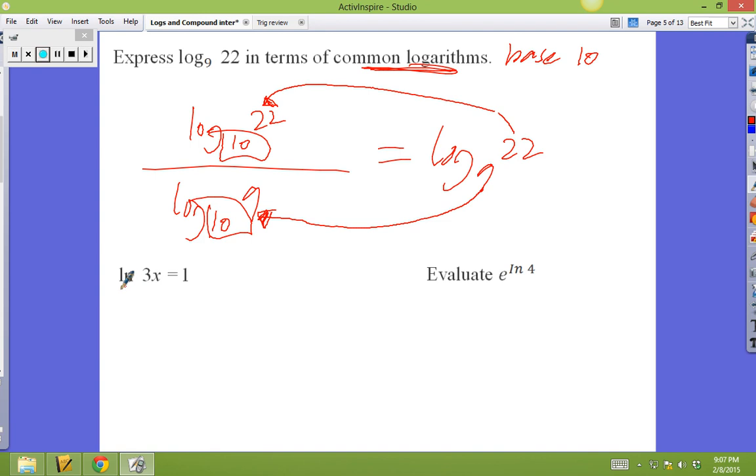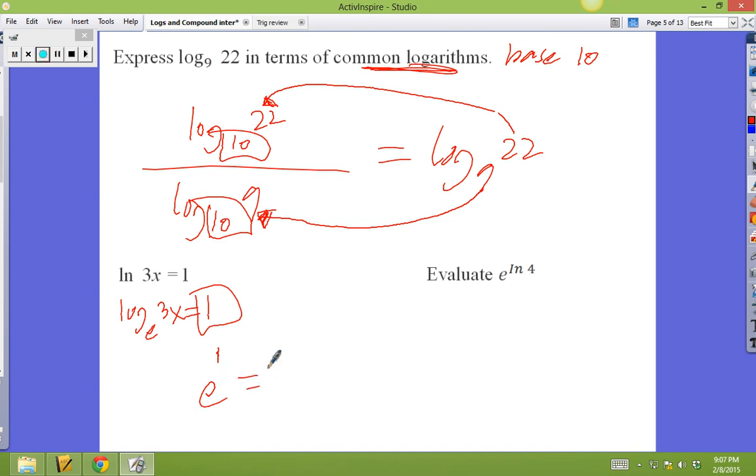Okay, now remember ln, that's the exact same thing as log in base e. So log in base e of 3x is equal to 1. So x is kind of tied up with the log. So let's undo this log. Let's morph this to an exponent. Let's see what this looks like as a power. So your base is going to be e. This is your exponent right here. You're raising it to 1 power, 1 exponent.